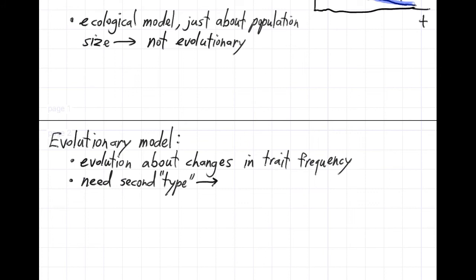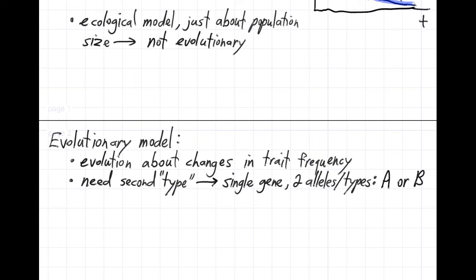So let's imagine the simplest case we can have with a heritable trait and some variation in that trait. Let's say we have a single gene that we're following, and there are just 2 alleles for that gene, or we can say there are just 2 types. So now, instead of just individuals that are A's, we could also have individuals that are B's, and maybe they carry the B allele and the other individuals carry the A allele.